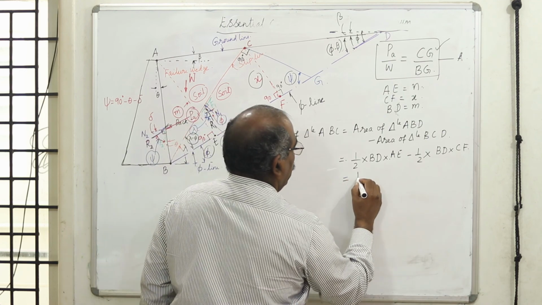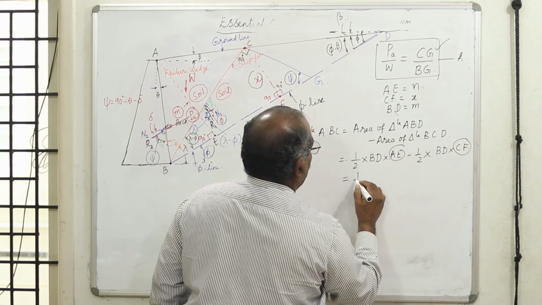Now what is AE and what is CF? Let us substitute that. What is BD?